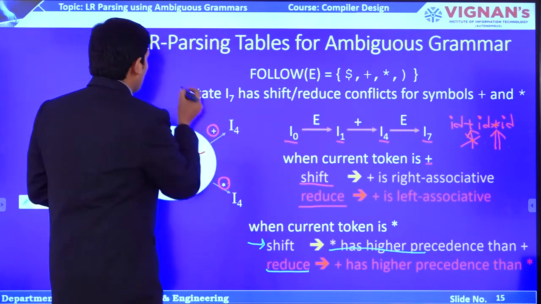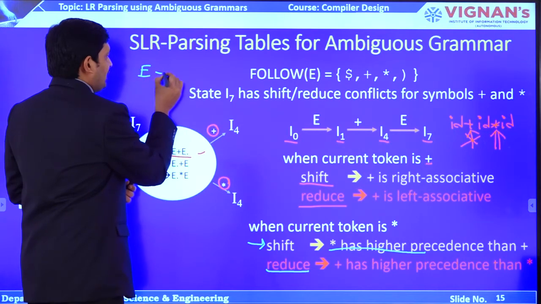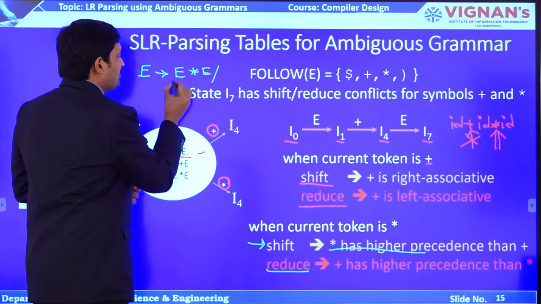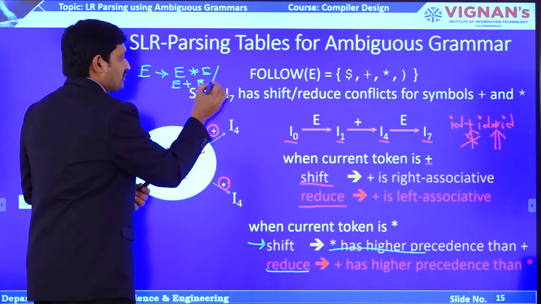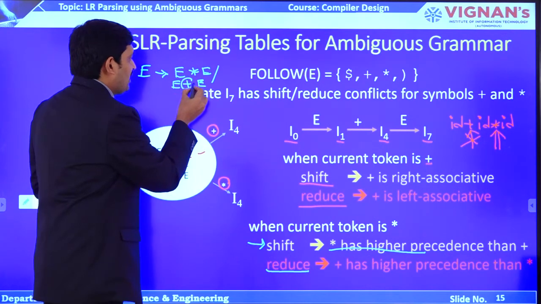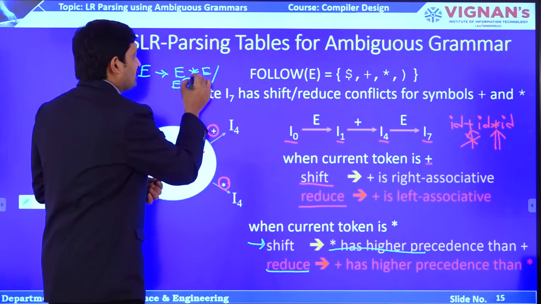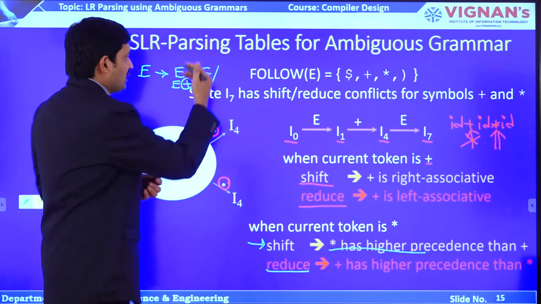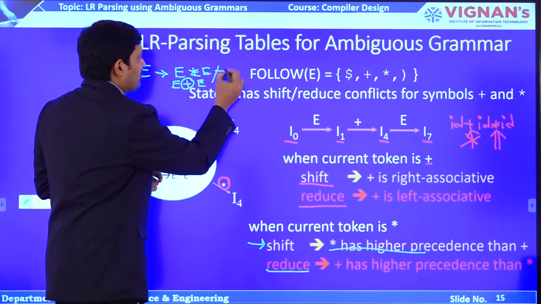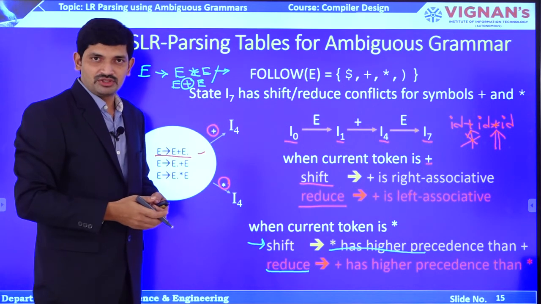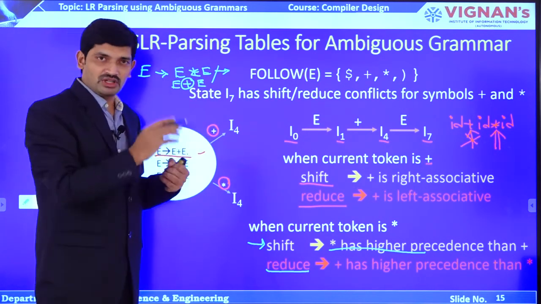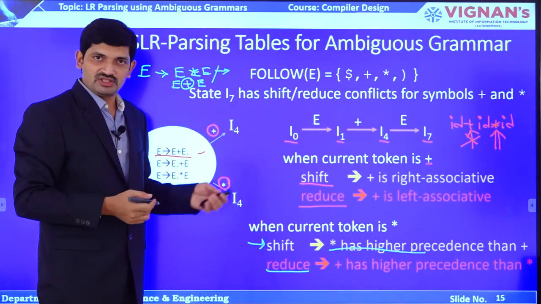Suppose in an unambiguous grammar, it is like E goes to E star E or E plus E. In this grammar, plus has the lowest precedence and star the highest. That means the deeper-level productions have the highest precedence and the upper-level productions have the lower precedence. It seems to be an ambiguous grammar, but we are talking about unambiguous grammars.